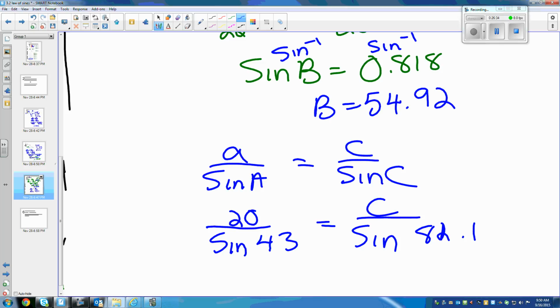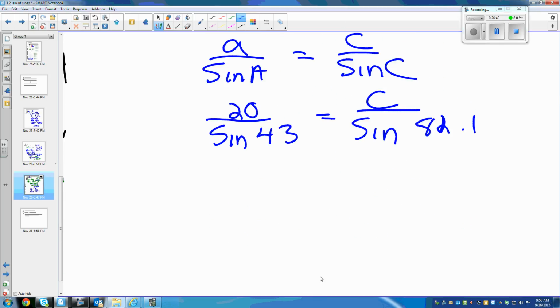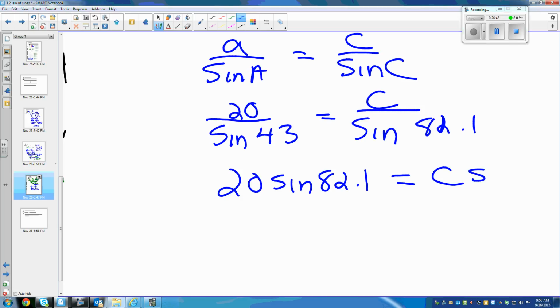It's line equals line again, right? So it's 20 times the sine of 82.1 dot, dot, dot is equal to c times the sine of 43. How do we get c alone? Divide by the sine of 43.